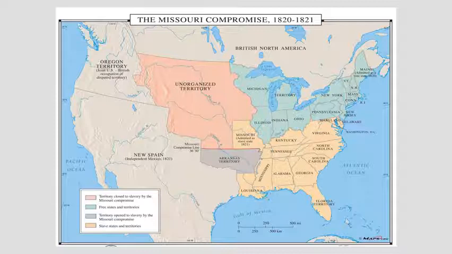The slave states and territories include Maryland, Delaware, Virginia, Kentucky, Tennessee, North Carolina, South Carolina, Georgia, Alabama, Mississippi, the Florida Territory, and Louisiana, which was the latest state coming out of the Louisiana Territory, which was purchased in the Louisiana Purchase.